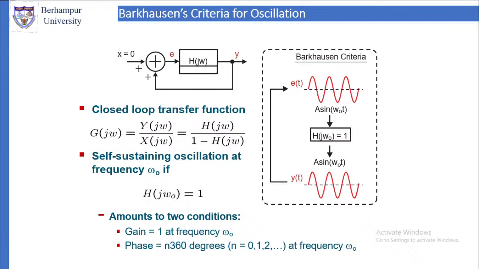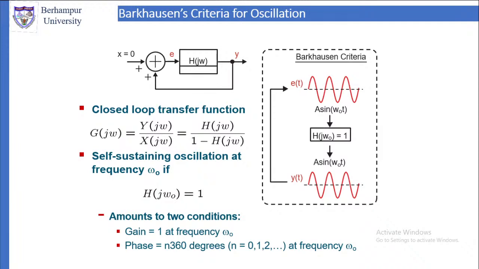So self-sustaining oscillation at the frequency omega 0, oscillating frequency is omega 0, is possible only if H is equal to 1. If H is equal to 1, then G is equal to infinity, which means closed loop transfer function becomes infinity. Under that condition, it will oscillate.